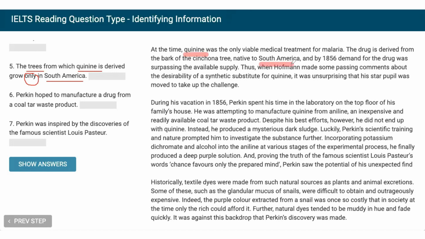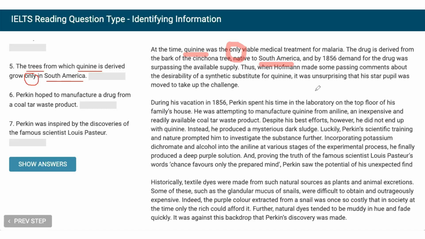I see South America, and this is an excellent area to go ahead and skim. So at the time, quinine was the only viable medical treatment for malaria. Now we see only, but it is not used in the same way that it's used in number 5, so that's something to keep in mind. The drug is derived from the bark of the cinchona tree native to South America.